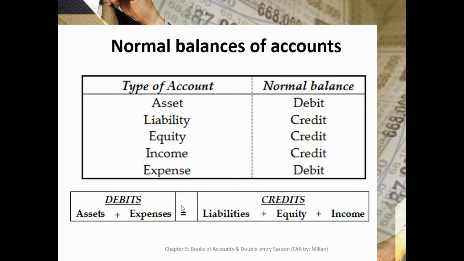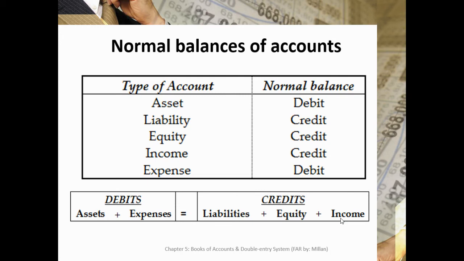Para lagi niyong tatandaan, etong mga nasa left side ng formula, ang normal balance niya ay debit. Diba sabi nga natin sa T account, pag nasa left side siya, debit siya. So etong mga naiwan sa credit side, liabilities, equity, and income, ang normal balance niya ay credit. So sa T account, nasa right side siya.